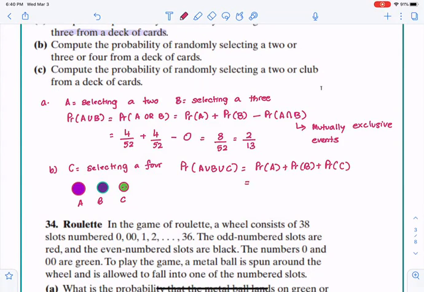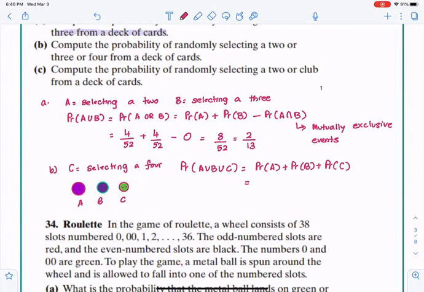If A, B, and C are not mutually exclusive, in other words, if they are overlapping events, then the addition rule is not as simple as this when we have more than 2 events. So it is easy here, and I can simply add the probabilities because they are mutually exclusive.